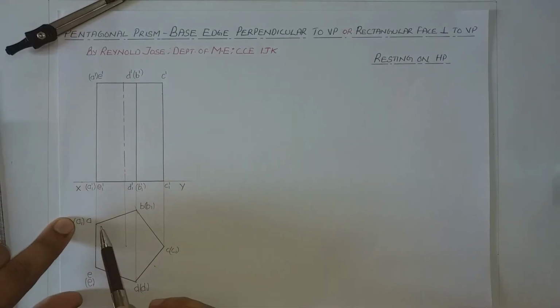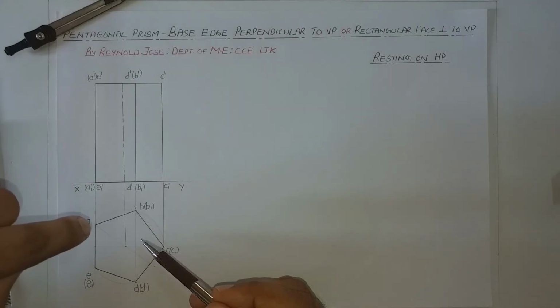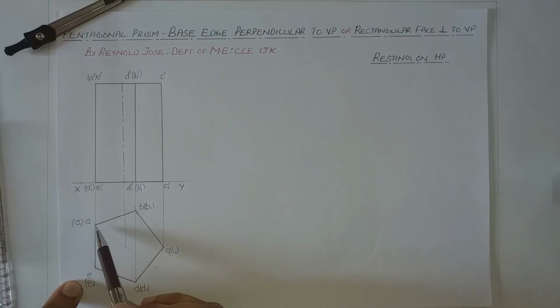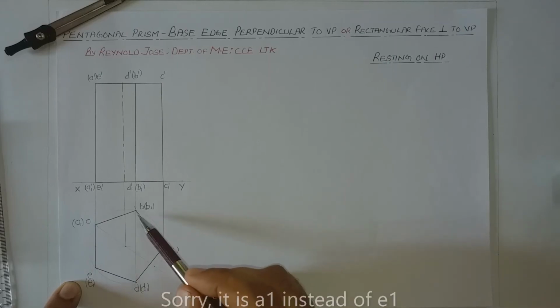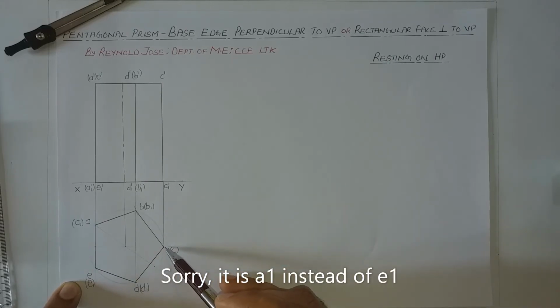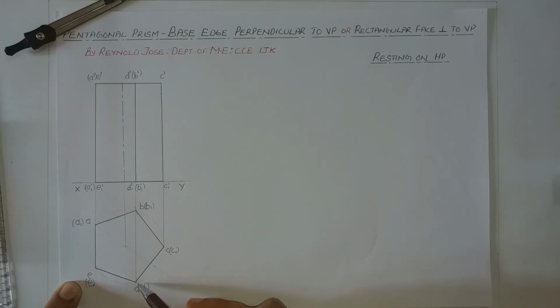Here also we have another edge. When you are observing from the top, under this edge, that is AB, we have a rectangular face. That rectangular face is ABB1A1. Likewise, here also we will have a rectangular face. Here also we have a rectangular face. Here also we will have a rectangular face, which is not visible in the top view.